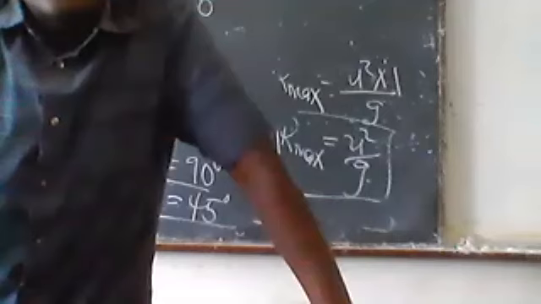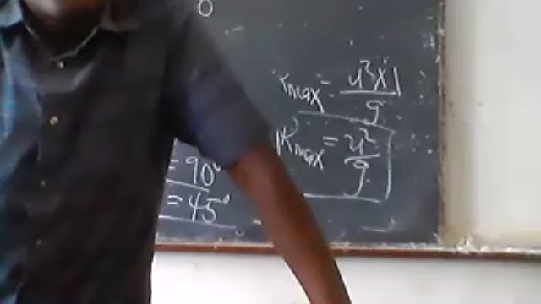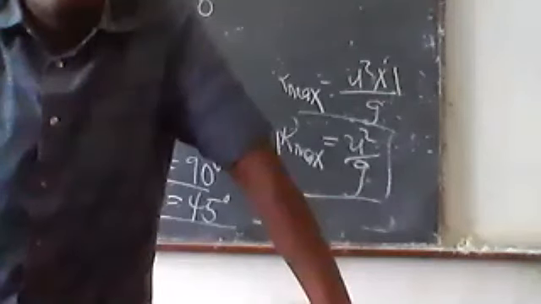And then find the horizontal range or horizontal distance covered. So what is u? U is 25 meters per second. The other value is angle theta, 60 degrees.